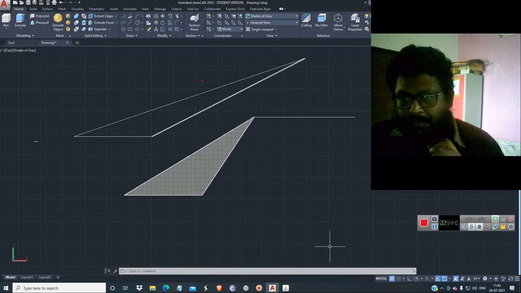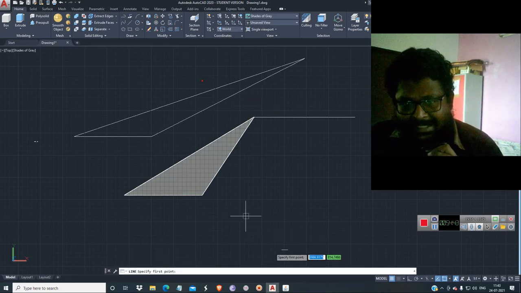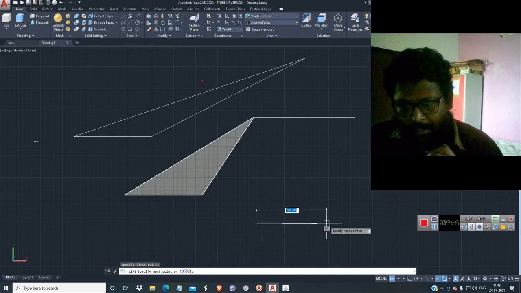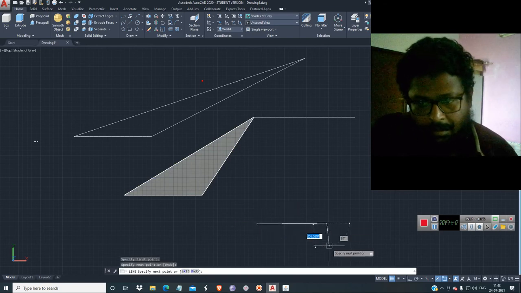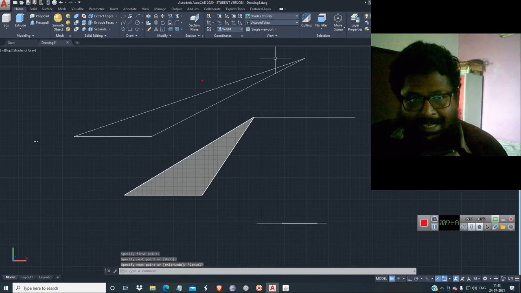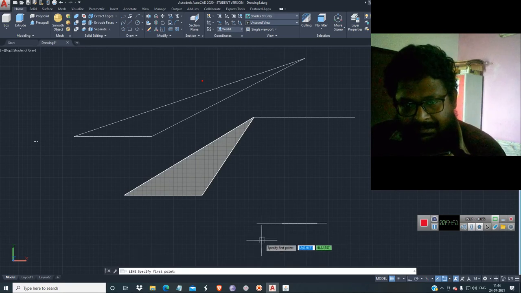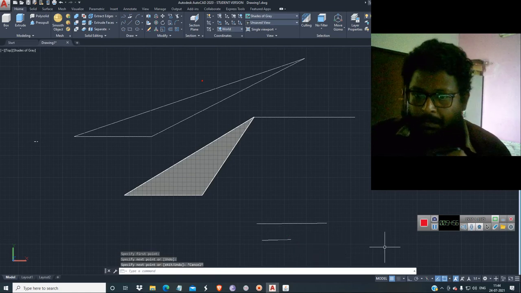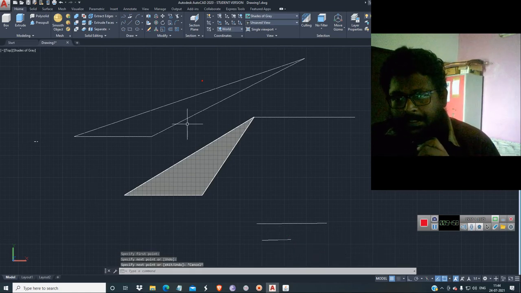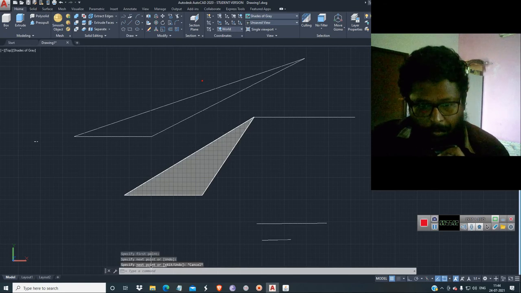If I ask you, is this line and this line equal in length? No, they are not equal in length. Then how is the area preserved? So let me show you the proof.